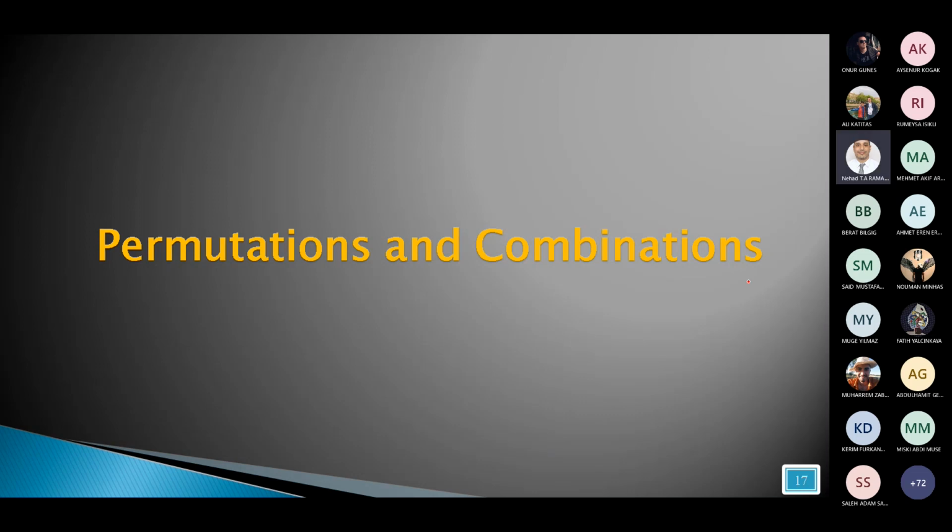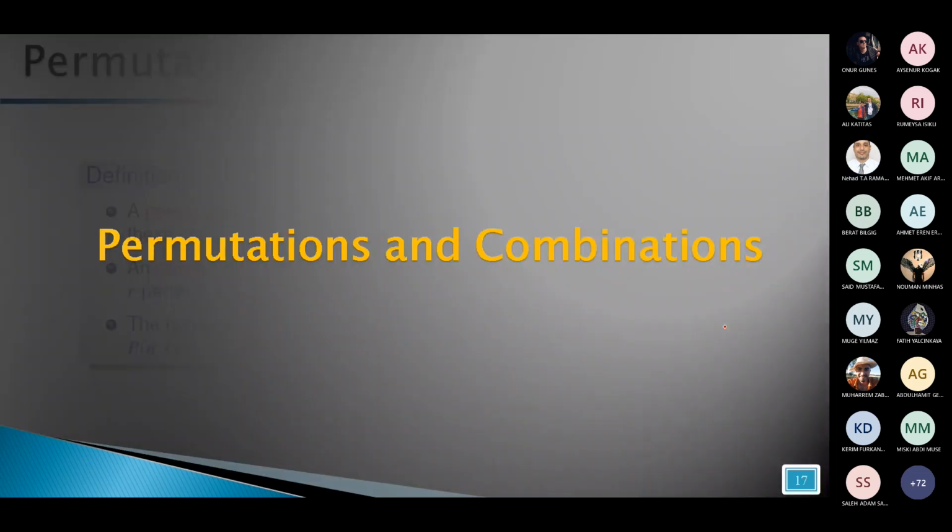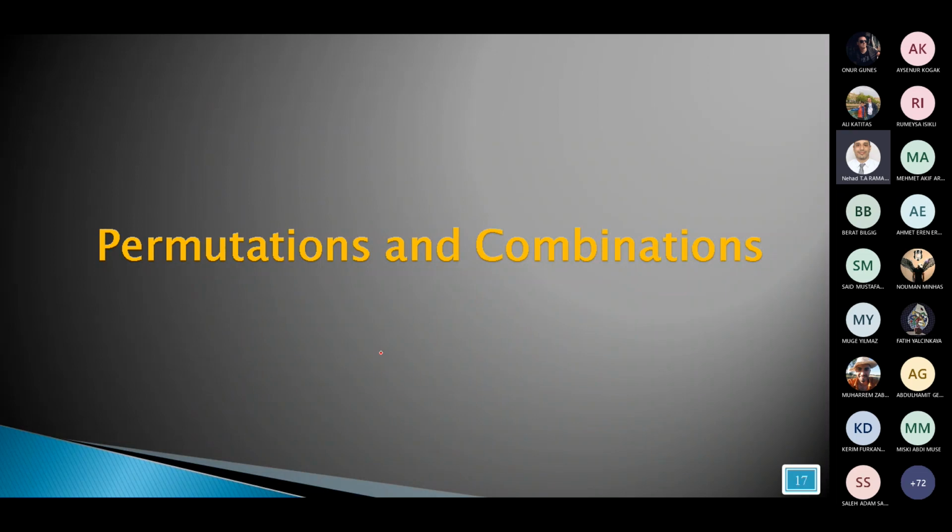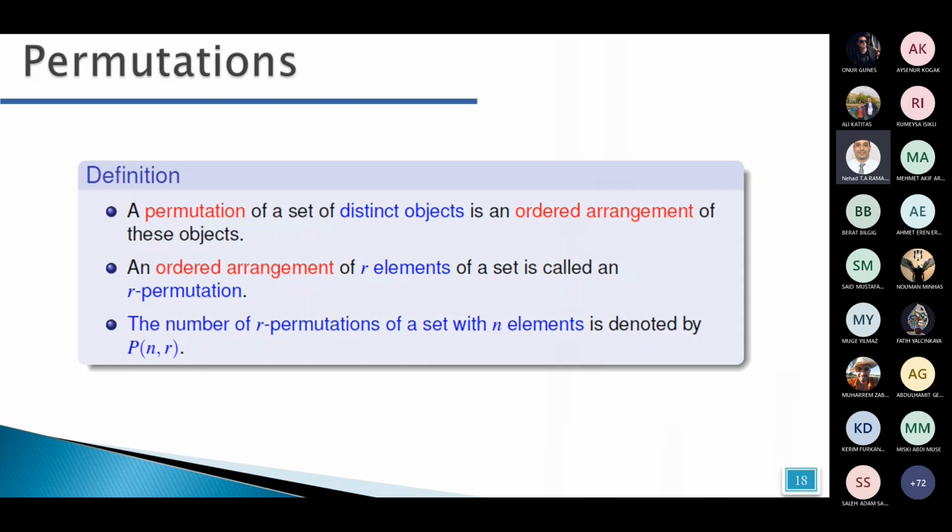So we spoke about distributing objects, for weekdays, for months, or distributing objects over the number of days or number of hairs, like the examples. Okay, now we will speak about permutation and combination.